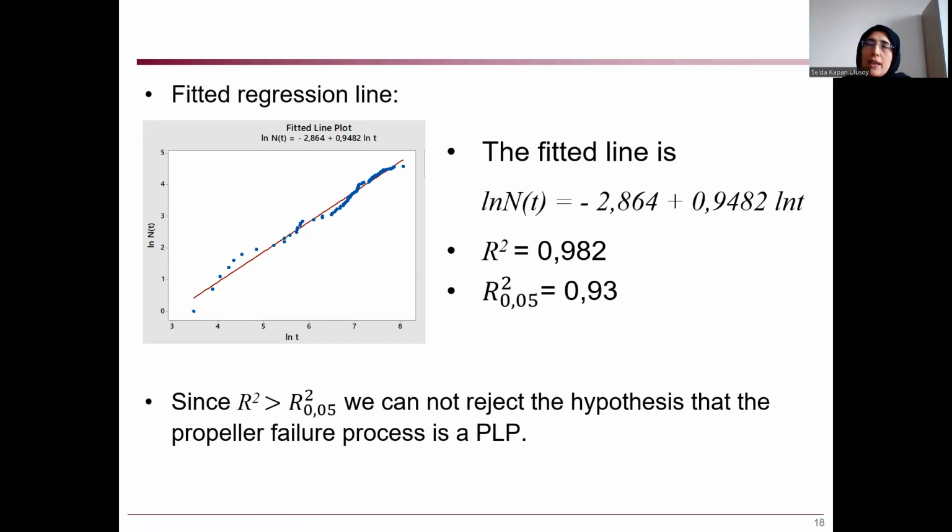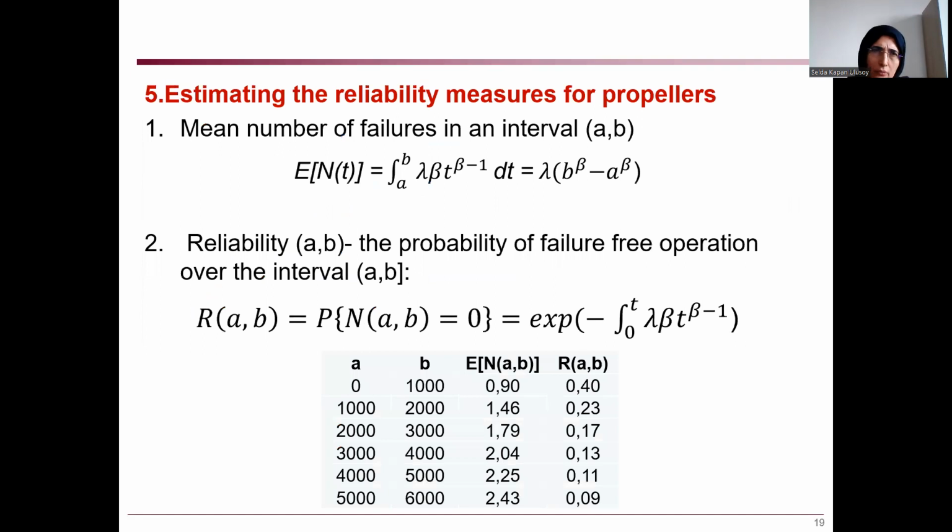But as I said, we will check this against the critical value. If we look at the table at the 0.05 significance level, the critical value is 0.93. Since the model R square is greater than the critical value, we cannot reject the null hypothesis, so we can say that the PLP model provides a good fit to the data.